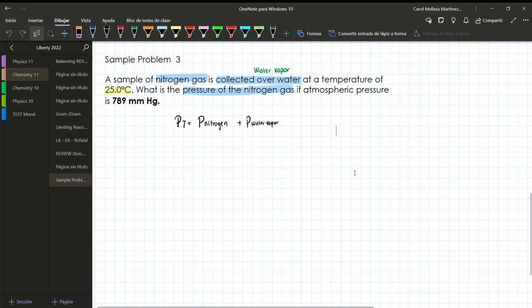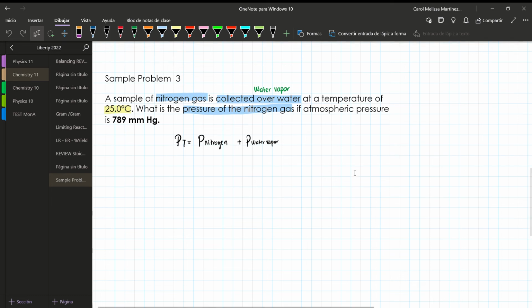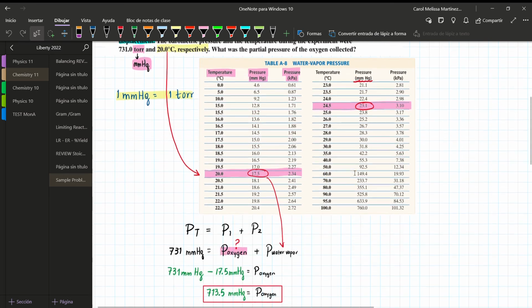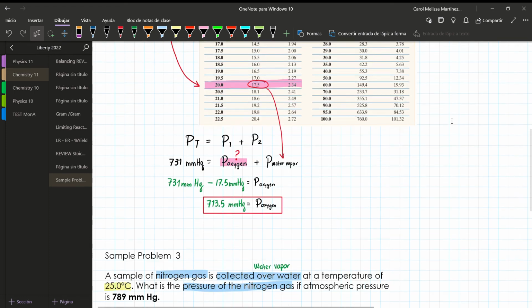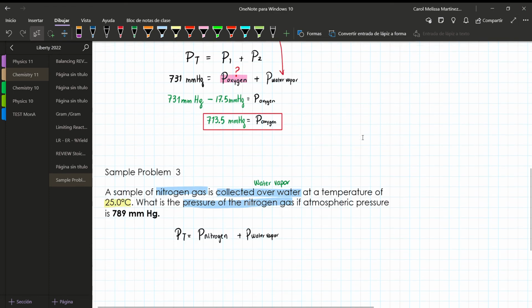And we make substitution in our problem. Oh my god, yes. Sorry, I'm blind. Thank you. The one of 25. That is actually 23.8. I was about to make the mistake. Thank you. So 23.8. So in our procedure, we're going to make substitution by 23.8.